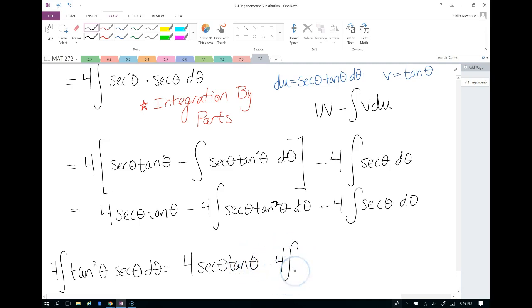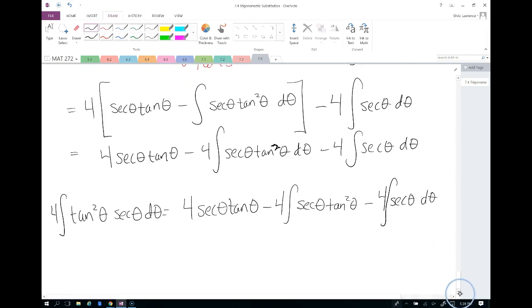This is very similar to the problem we saw with the exponentials and the trigonometric functions in integration by parts, where once you're able to get yourself back to where you started, you set it equal to what you started with, and then group them together. So I'm going to take this minus 4 secant theta tangent squared theta and add it over to the other side.